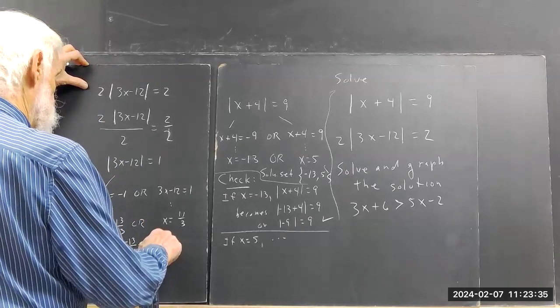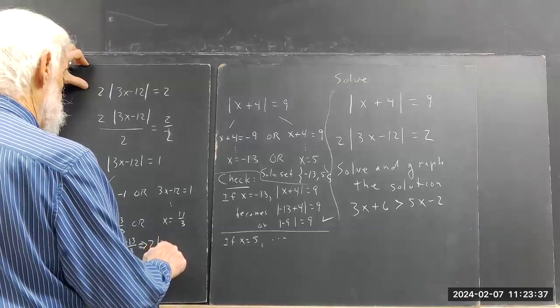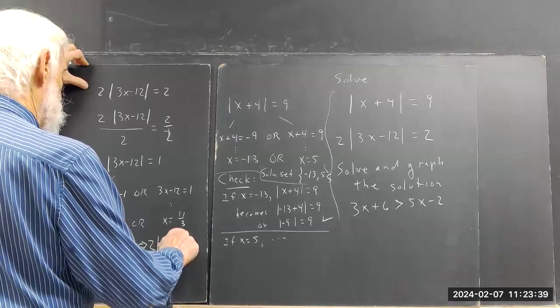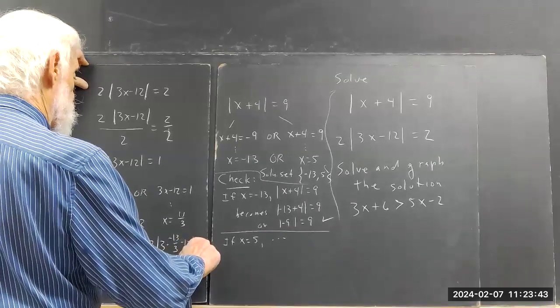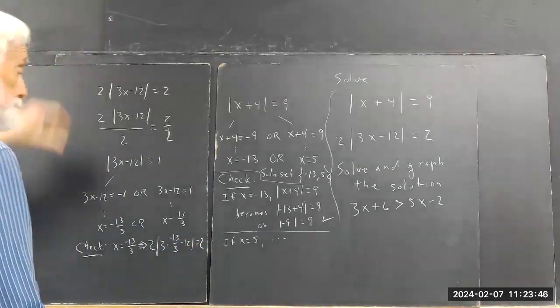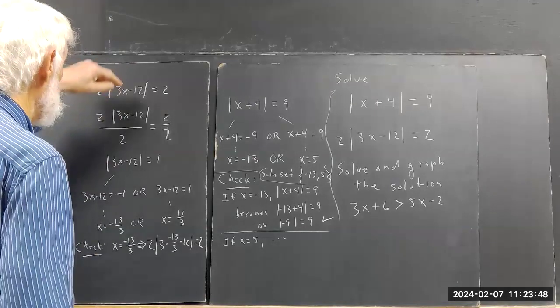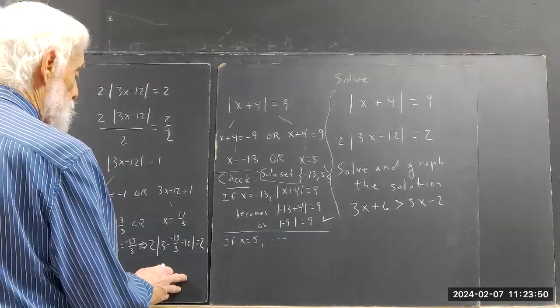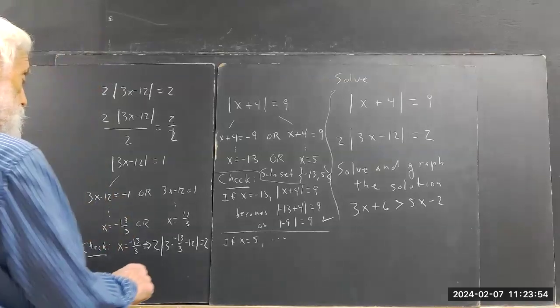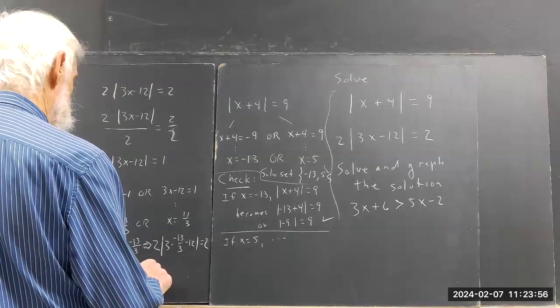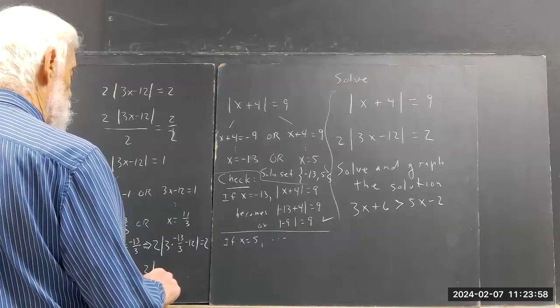Well, what's this? This is going to be 2 times the absolute value of 3 times -13/3 minus 12 should equal 2. In other words, we just replace x here by this value, which means you have 2 times the absolute value.